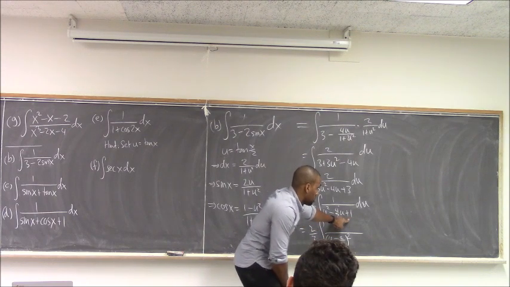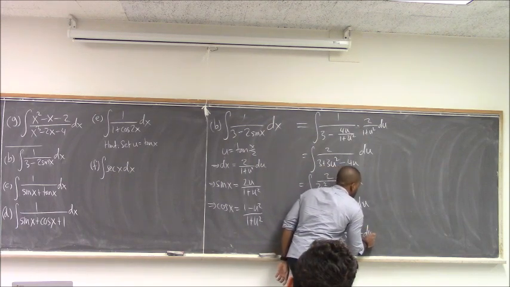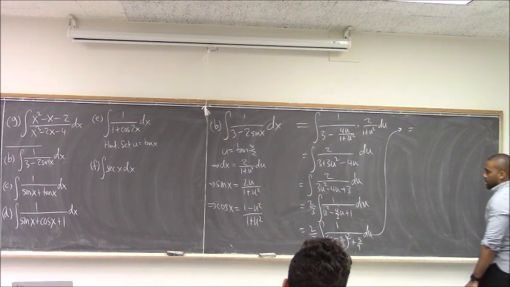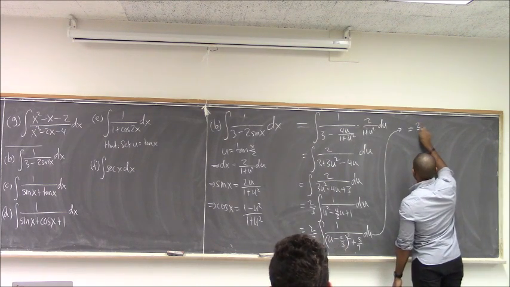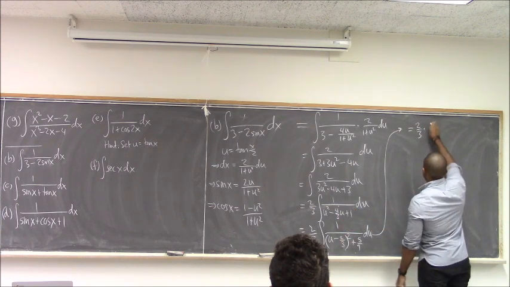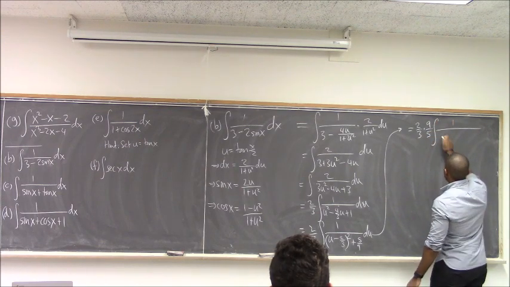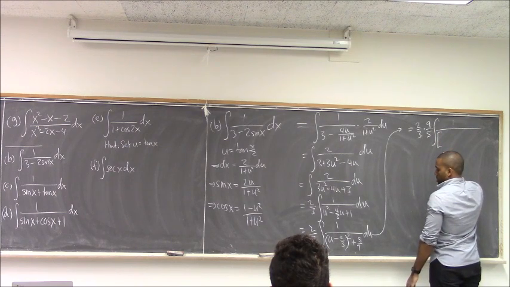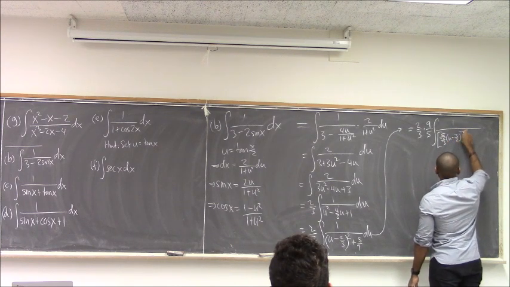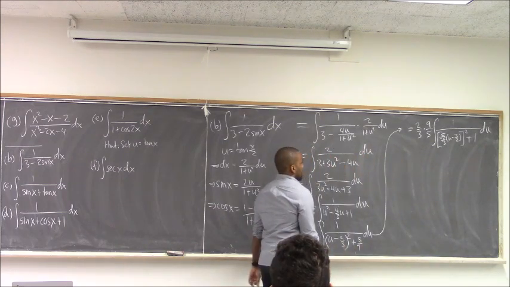To get a 1, I would need to add 5 over 9. Now that 5 over 9 is kind of annoying, so I would factor out the 5 over 9 from the denominator, which means it becomes 9 over 5 out here. And what I would have is radical 5 over 3 times u minus 2/3, all squared, plus 1. I would have all of that.